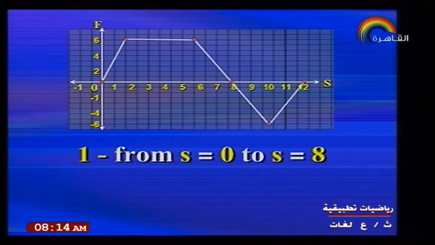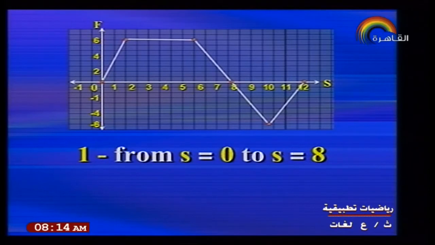It represents, excellent student, a trapezium. This figure above the s axis represents the area of a trapezium. What do you mean by area of trapezium? It is the sum of the two bases times height over 2, or base 1 plus base 2 over 2 times height.